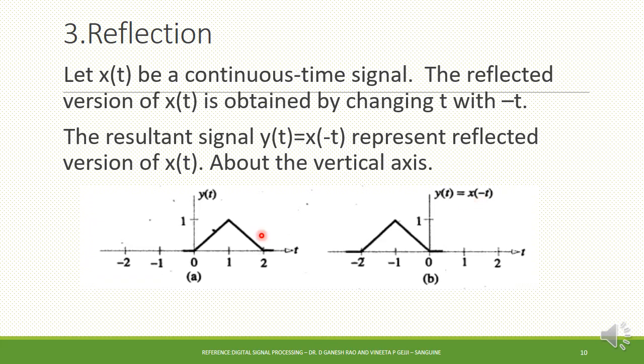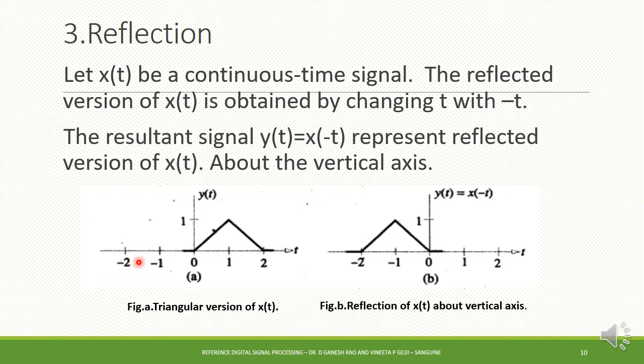What is in the positive quadrant comes to the negative side. Figure A is the simple triangular version of x of t and B is the reflected version, about the vertical axis. We can't do it in any other direction; you have to do it about the vertical axis.